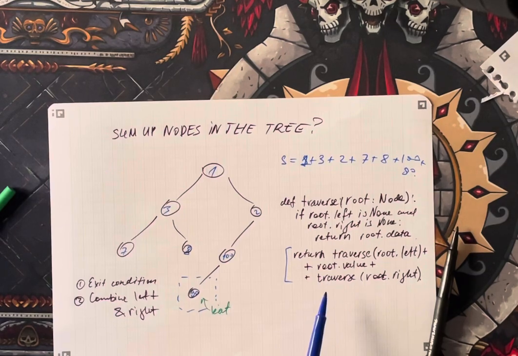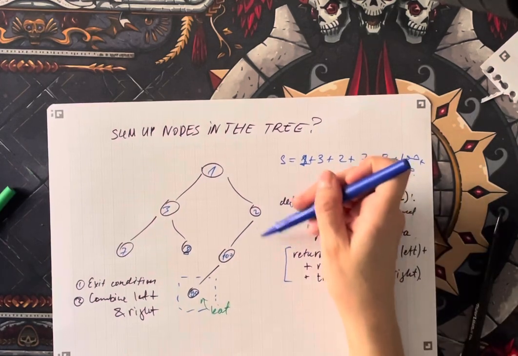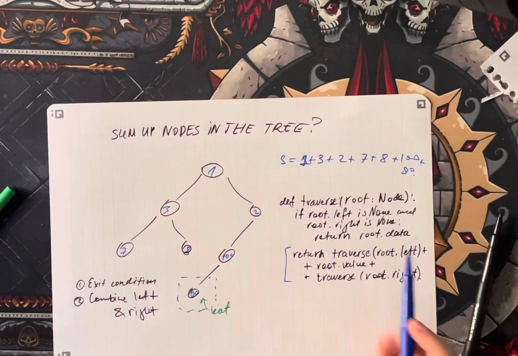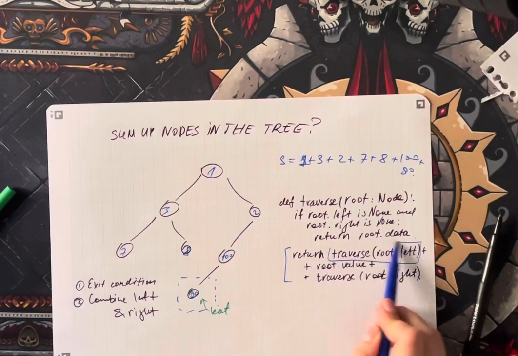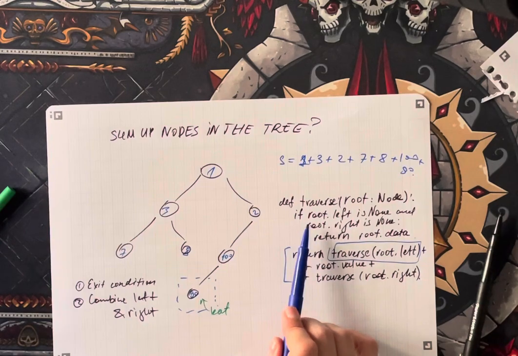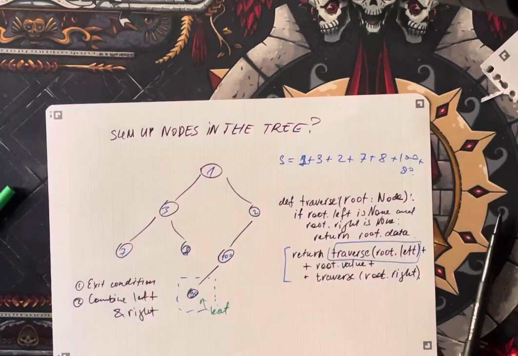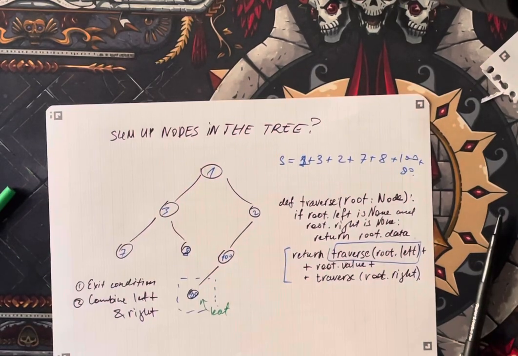What happens if you have just one child, right? Like here. So what happens is we call traverse of None, and this will raise an error right here because None doesn't have attribute left. So how to tackle this differently?